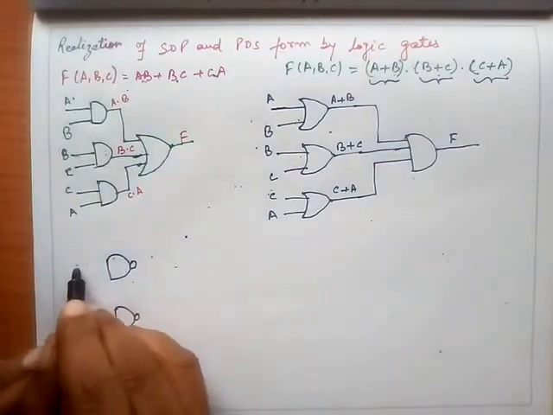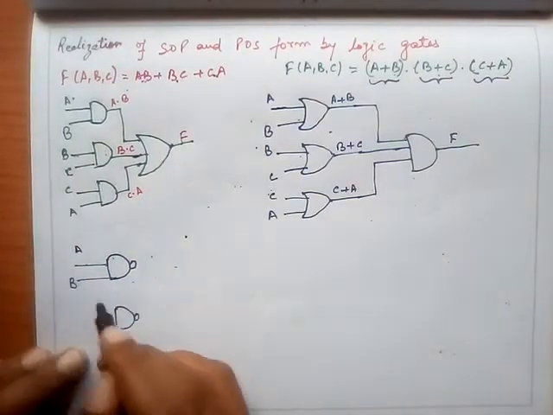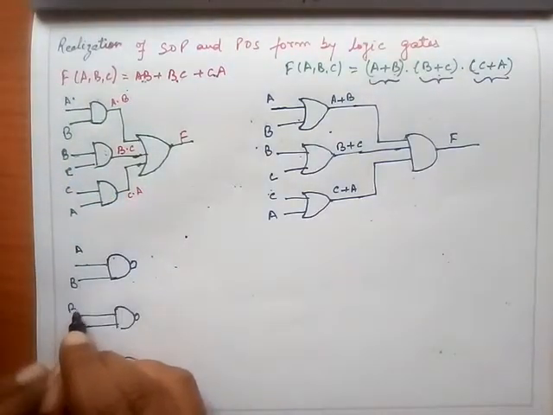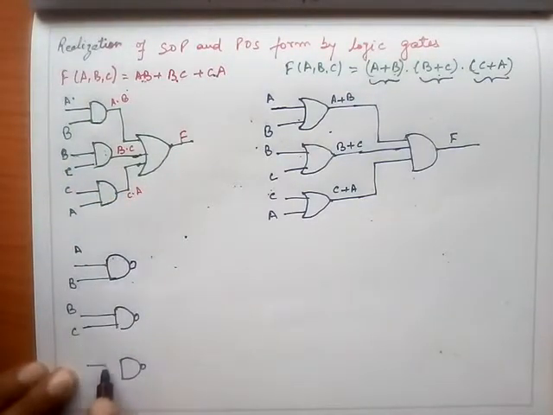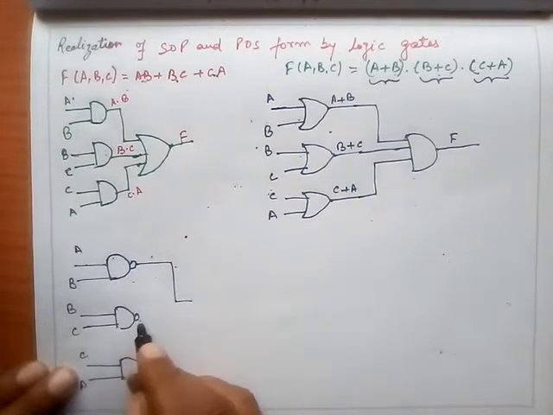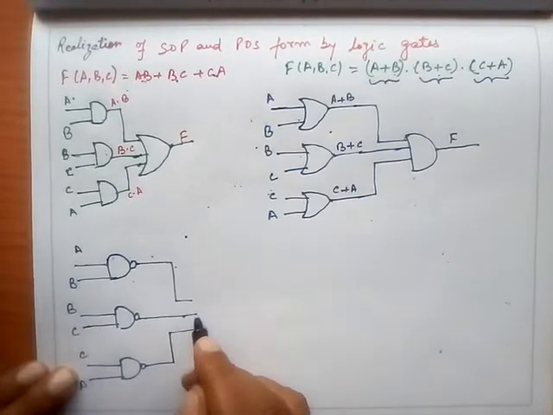And I apply the same inputs here. This is AB, this is BC, so I'll apply B, C. And this is C and this is A here. Now, in spite of this also, I use a NAND gate.